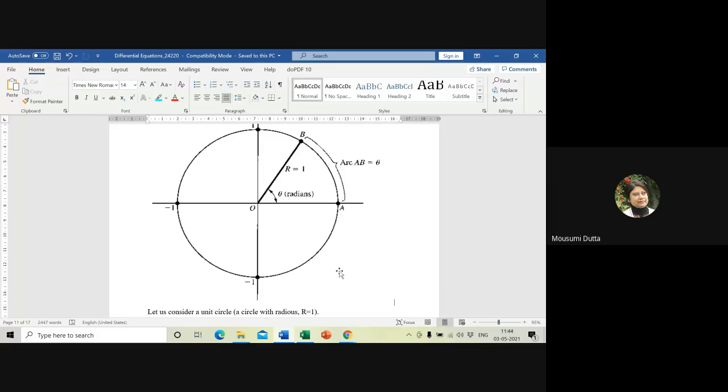So if we agree with this, and if we find that theta can be represented by arc AB, any number V multiplied with T, that is, we are making V time variant. If you consider only a factor V, suppose the length is V, in that case you are not talking about this clockwise movement.